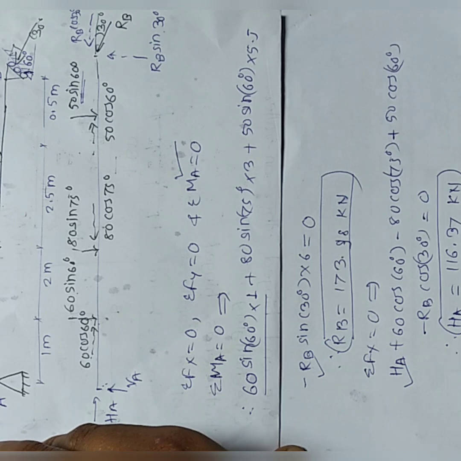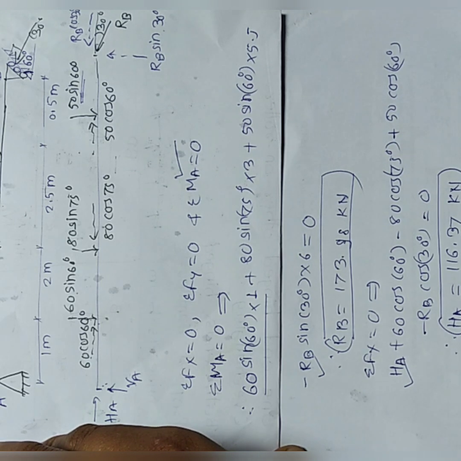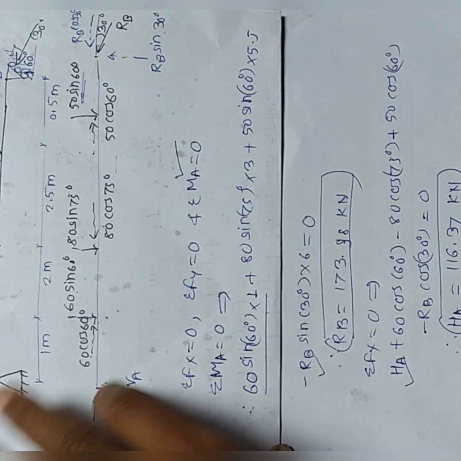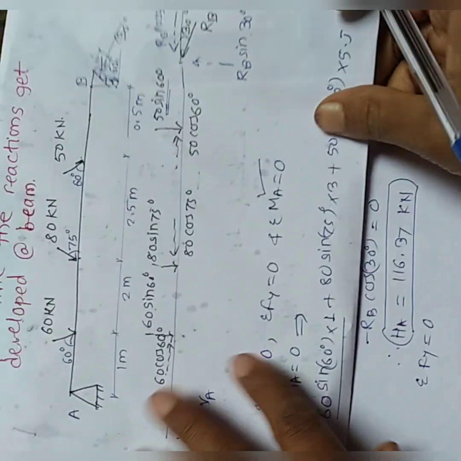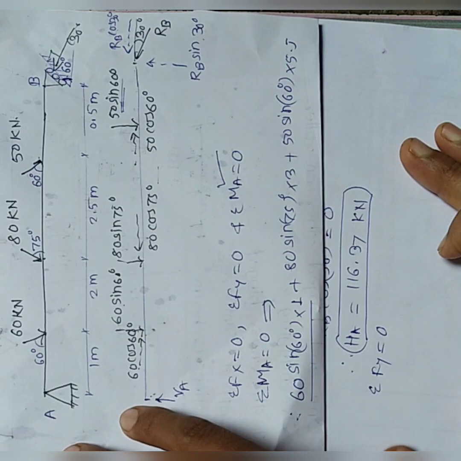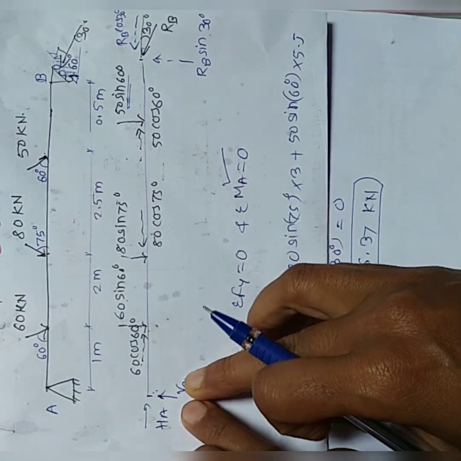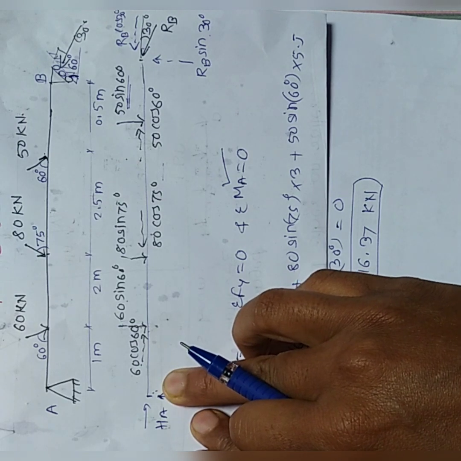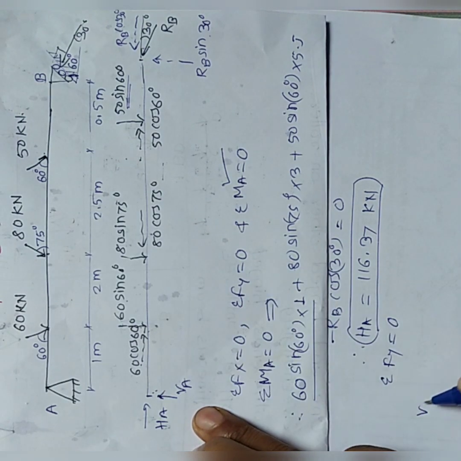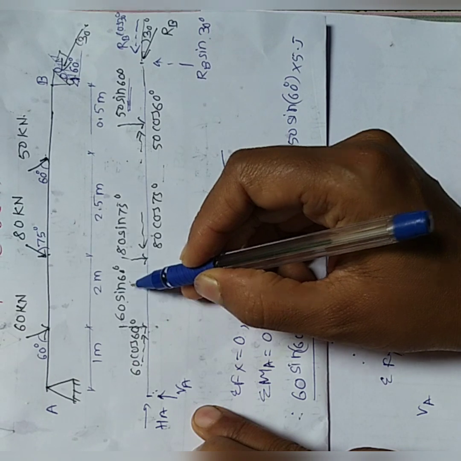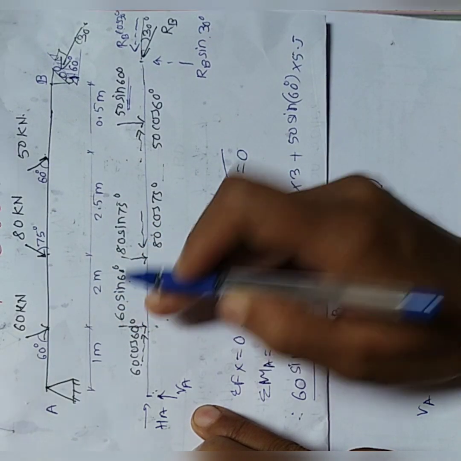Then go for another equilibrium condition, that is summation Fy is equal to 0. In this, what are the vertical components? See, VA going upward, taken as positive. 60 sin 60 coming downward, that's why taken as negative.